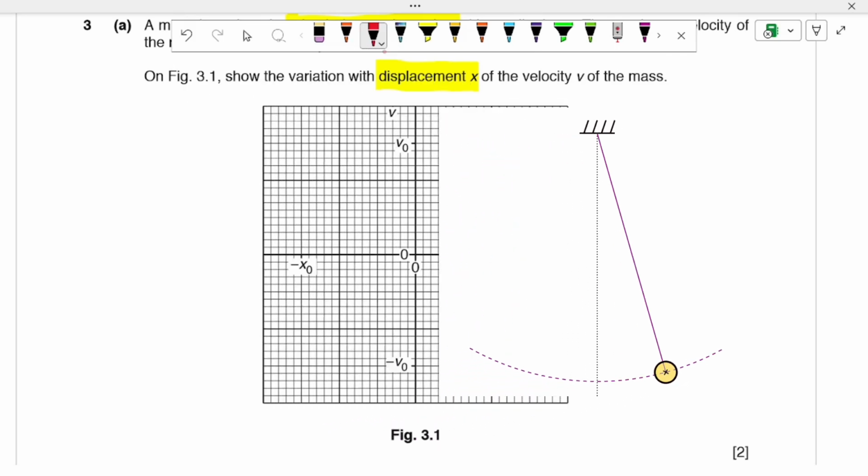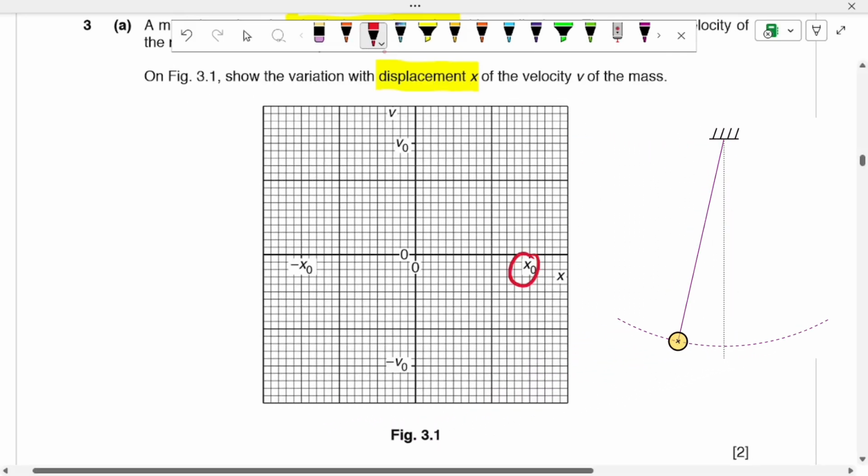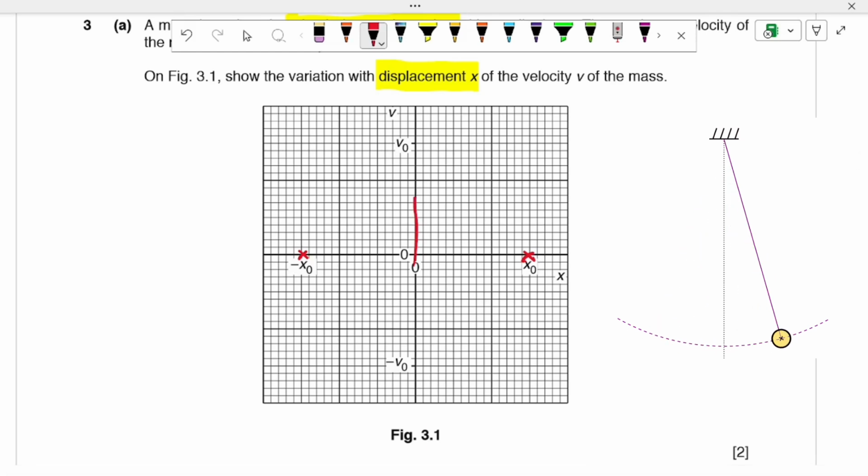So x naught here represents the maximum displacement. So here, the velocity is 0. Then on the other side, on the negative side as well, the velocity is 0. Draw little points so that they're clearly visible. And then at the equilibrium point, if you're going in this direction, your velocity is going to be positive because we've defined a positive and a negative direction.